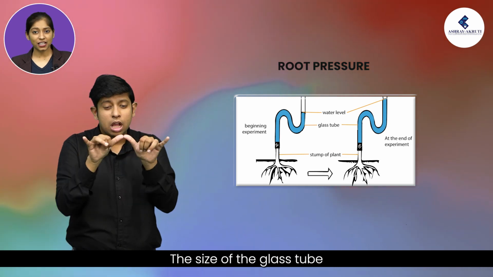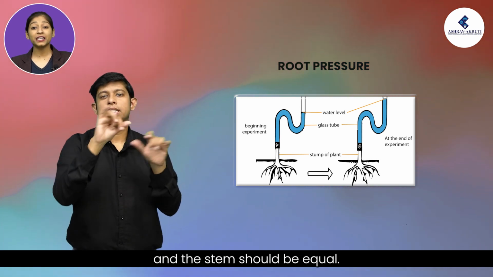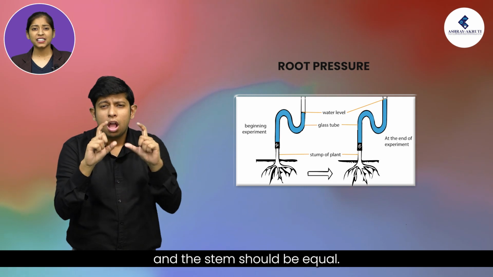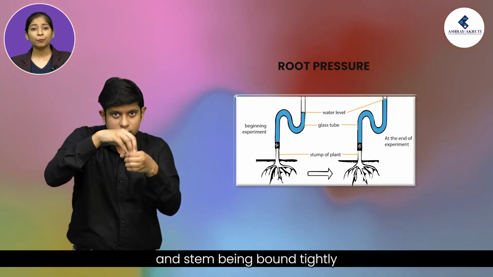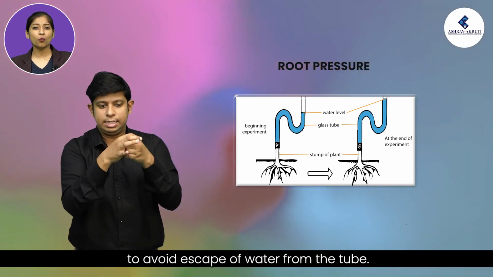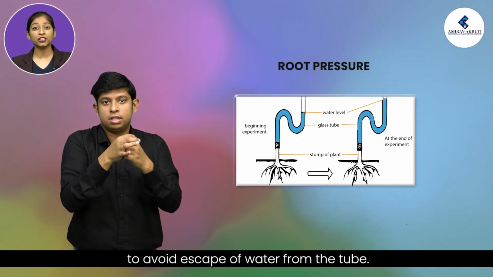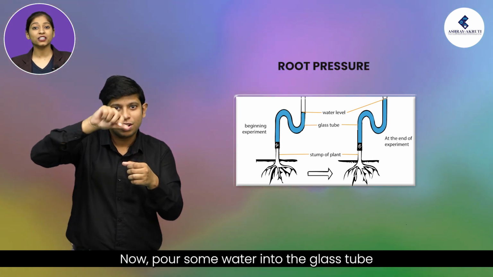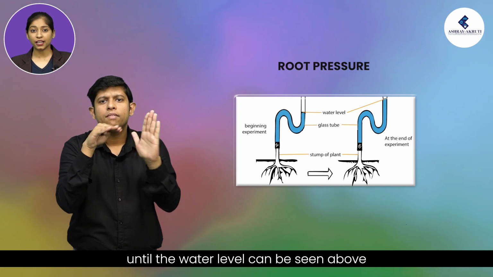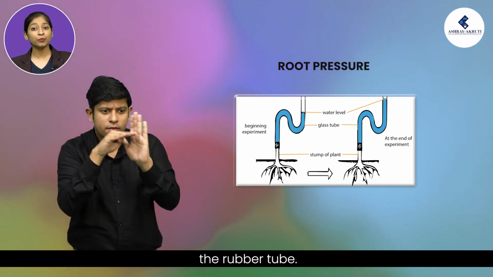The size of the glass tube and the stem should be equal. Take care while joining the tube and stem, binding them tightly to avoid escape of water from the tube. Now pour some water into the glass tube until the water level can be seen above the rubber tube.